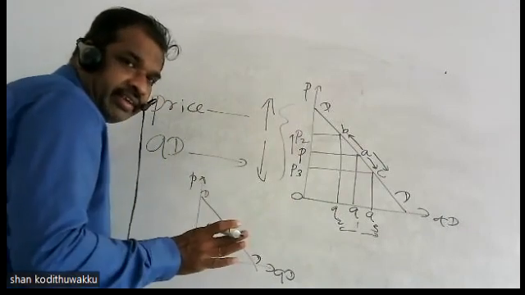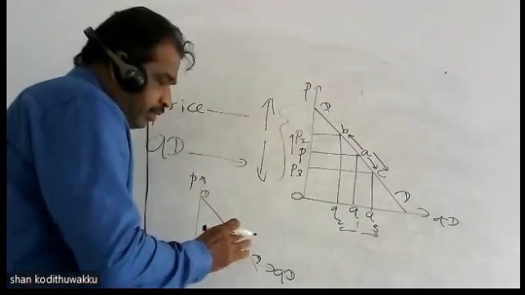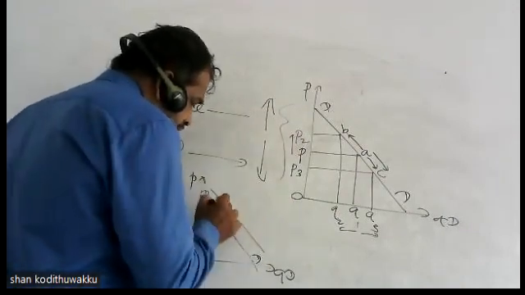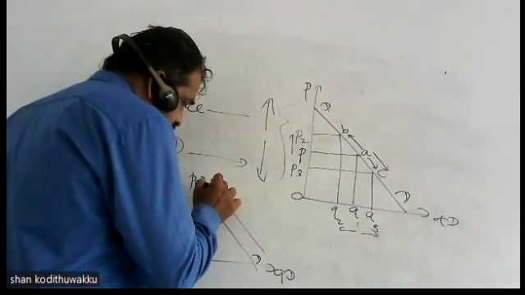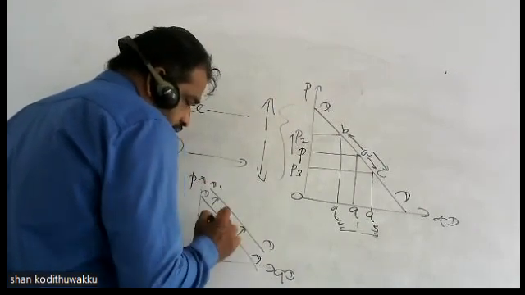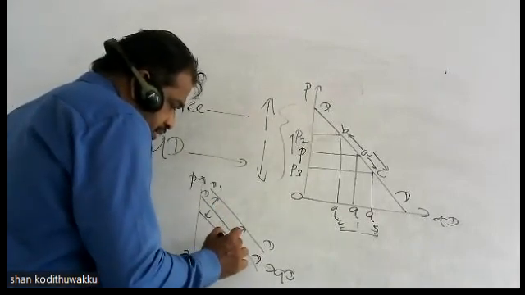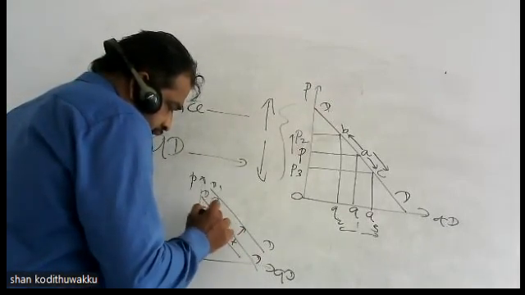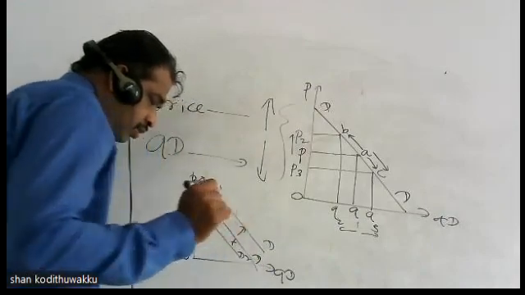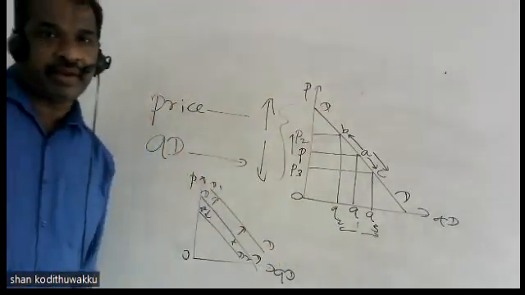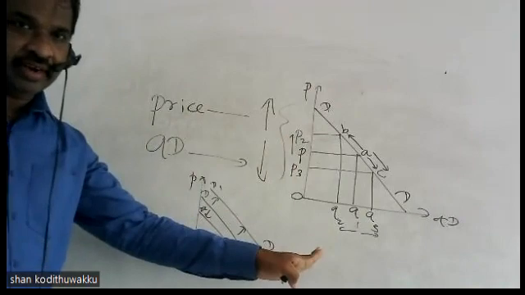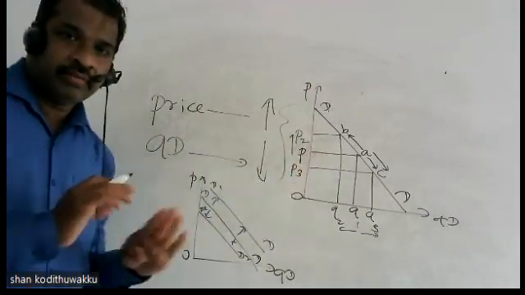Because of other factors affecting demand except price, there can be an upward shift or downward shift, like D2. For the further explanation, these two diagrams are not necessary.